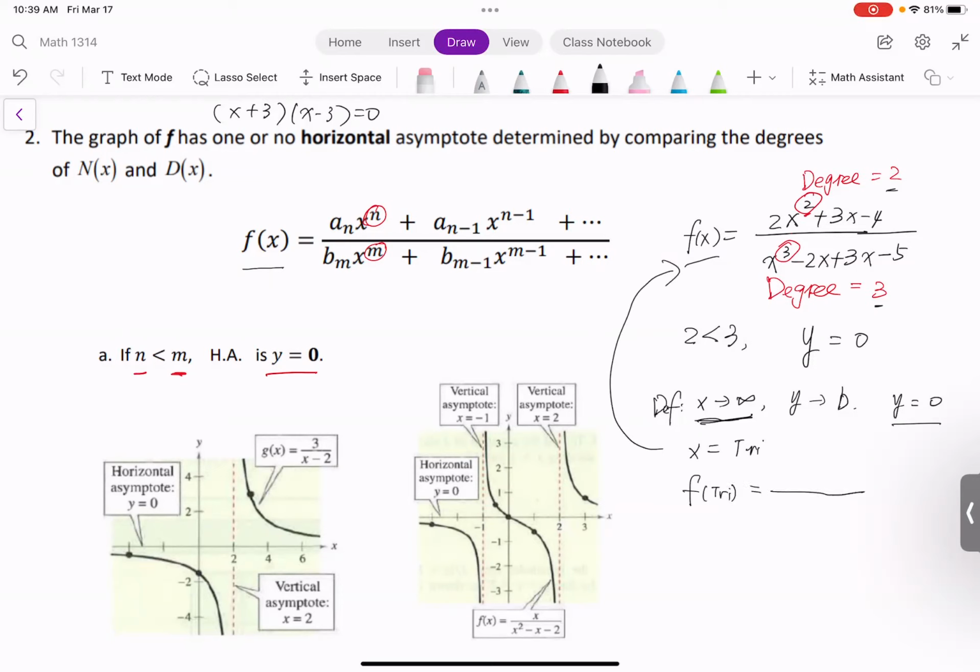f of trillion equals, on the top we have 2 times trillion squared plus 3 trillion minus 4, and the bottom is trillion cubed minus 2 trillion squared plus 3 trillion minus 5.